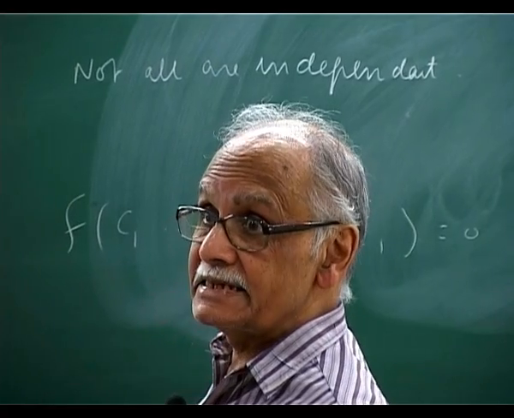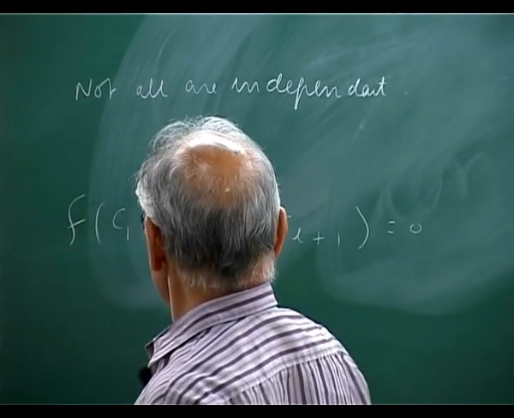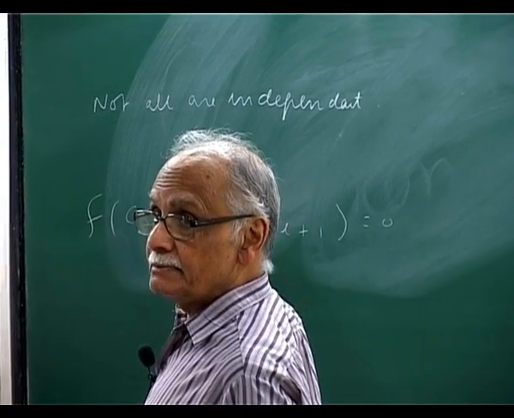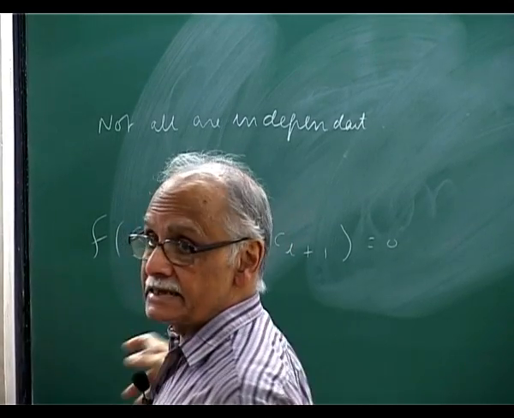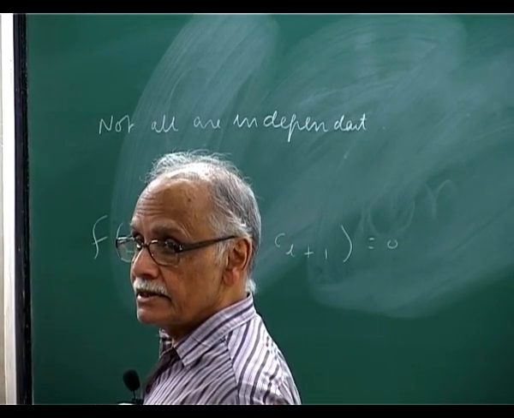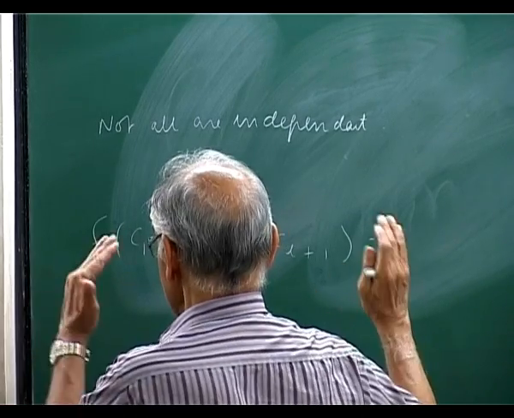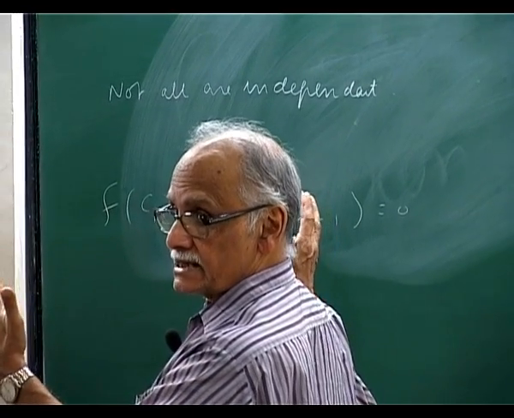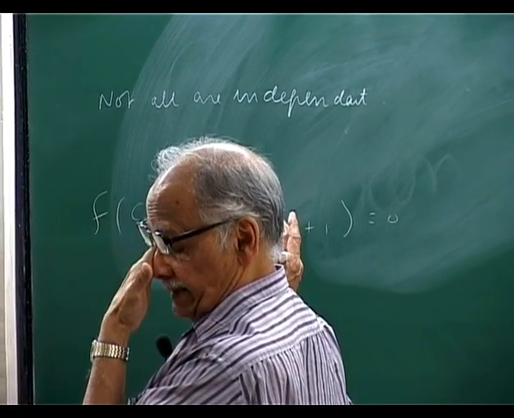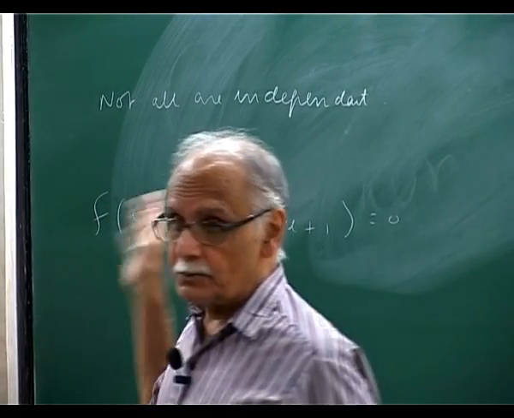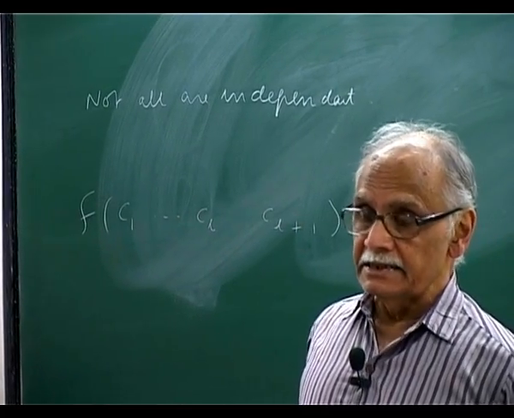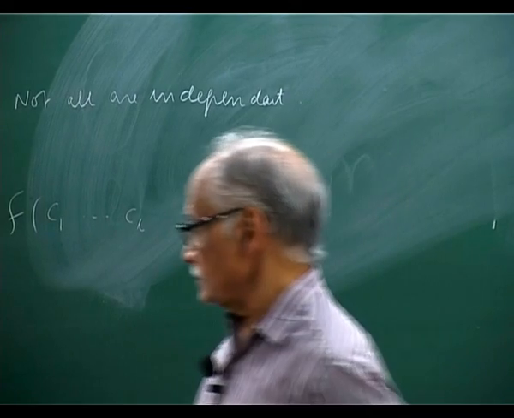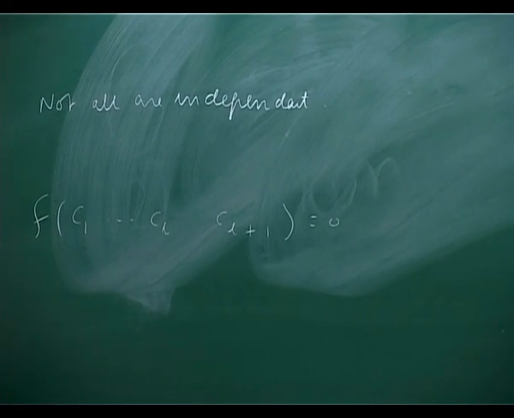That means the value of this operator in any representation can be computed from the values there, so it is not an independent label. The existence of such a relationship between the Casimirs means that some other things you are putting in are redundant; they can be determined by the remaining ones. So they are not algebraically independent.